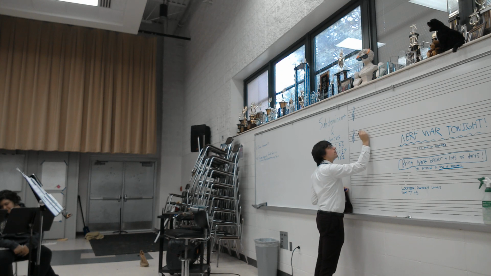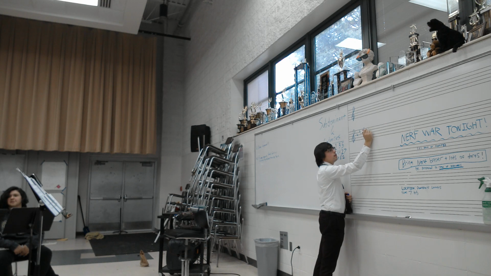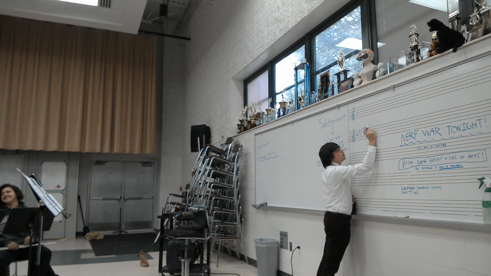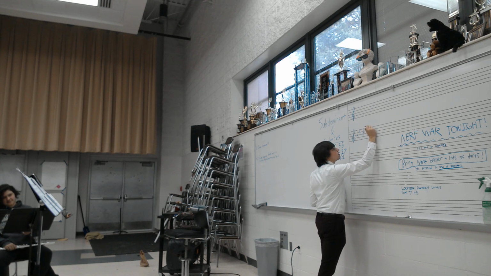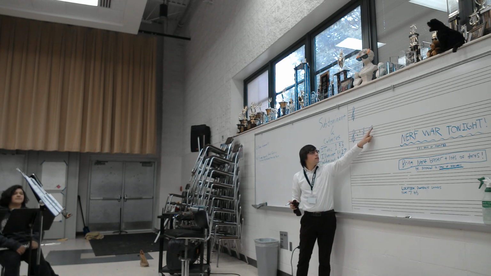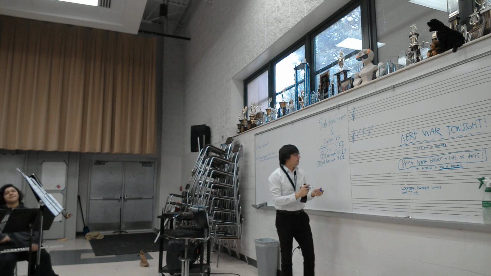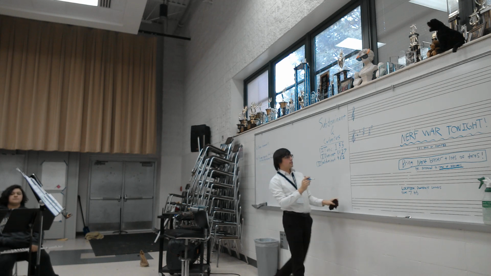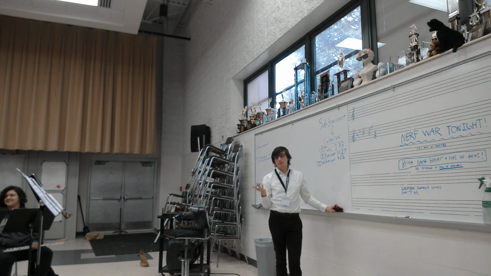The tonic chord would be 1, 3, and 5: B flat, D, and F. The dominant chord would be 5, 4, 2, 7: F, A, C, E flat. And then the subdominant would be based on 4, on E flat, G, and B flat. It's an E flat major chord in B flat.